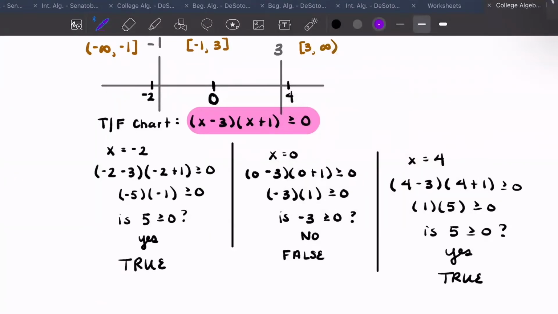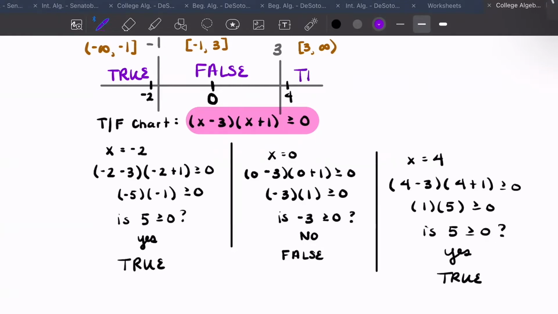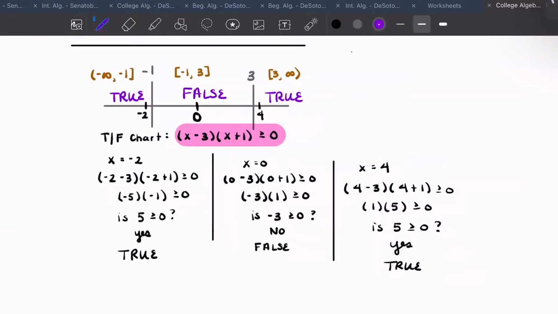All right. And we got true for this interval, false for this interval, and true for this interval. Okay. Our answer only includes the true statements.